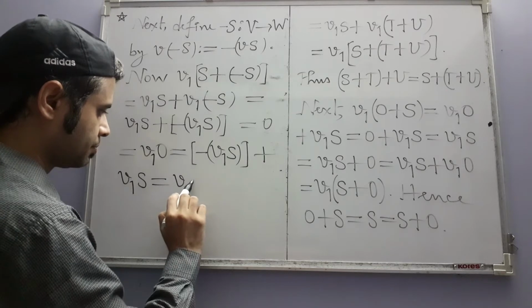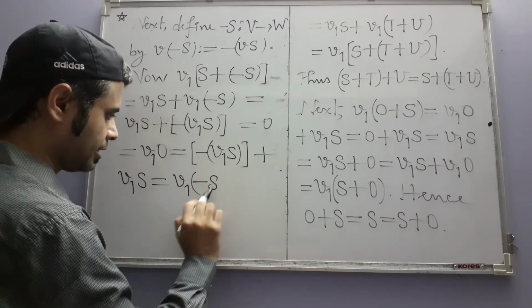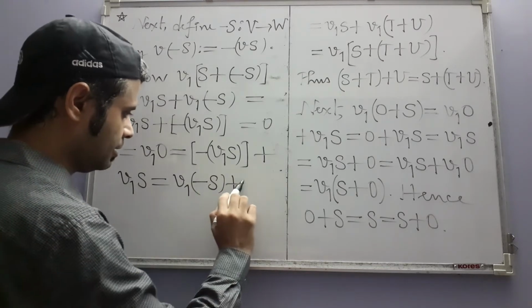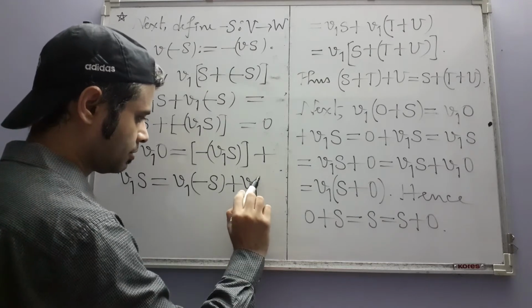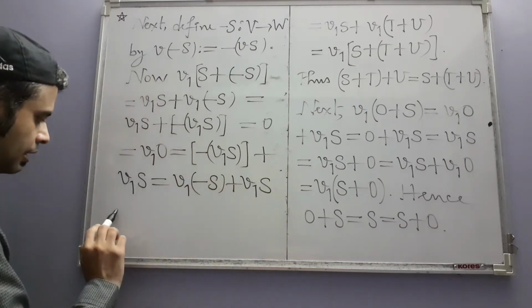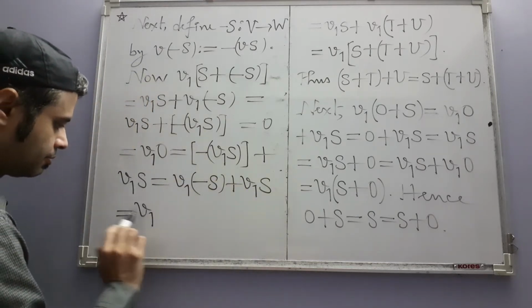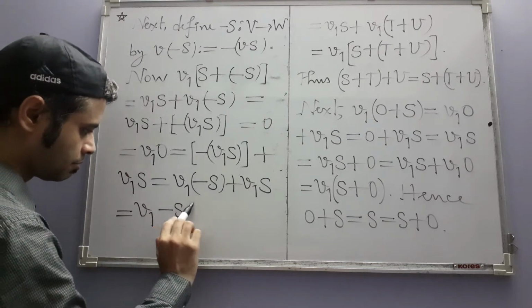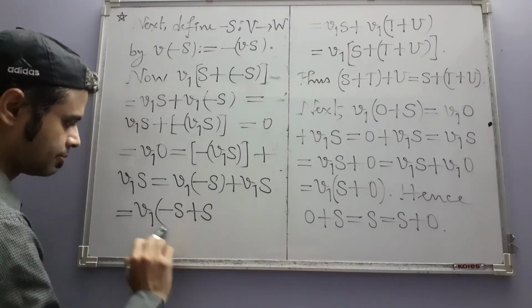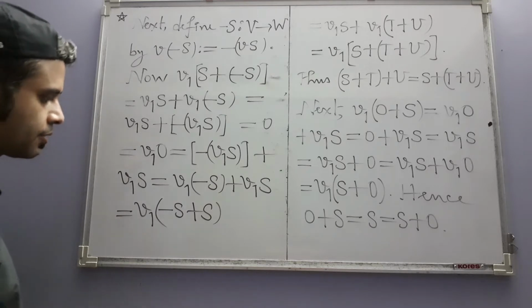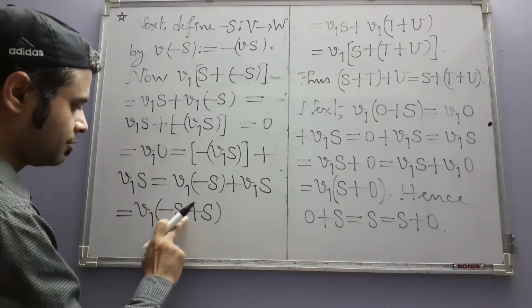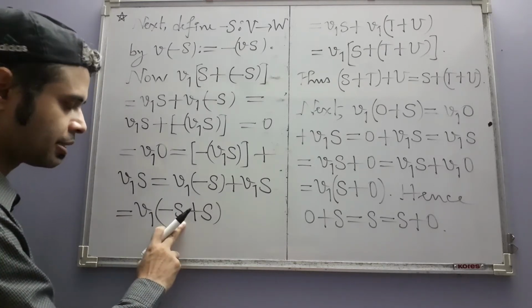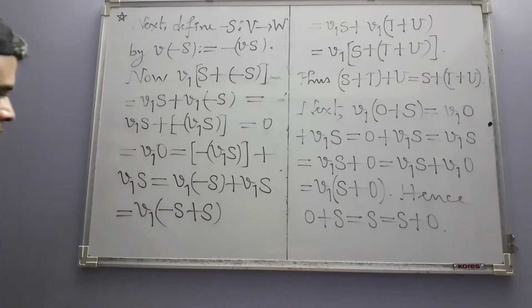Since we are writing these things in detail, let's just write one more line, and that is equal to v1 minus s plus s. Okay, here you don't have to use any additional bracket because minus s is already separate.